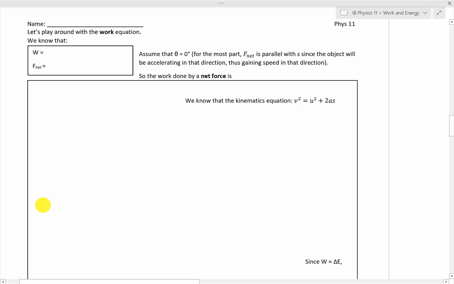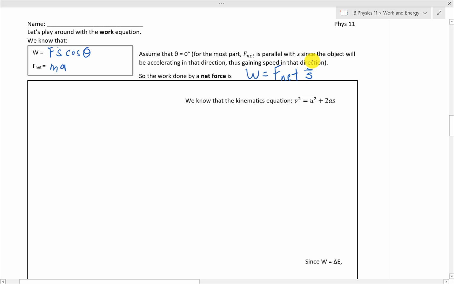Okay, we're gonna play around with a work equation. First of all, we know that work is the force times the displacement in that direction, times cosine theta, theta being the angle between the force and the displacement vector. F net we know is mass times acceleration, Newton's second law. Now for the work done by a net force, the force is going to be the net force, the sum of all forces acting on your object, times your displacement.